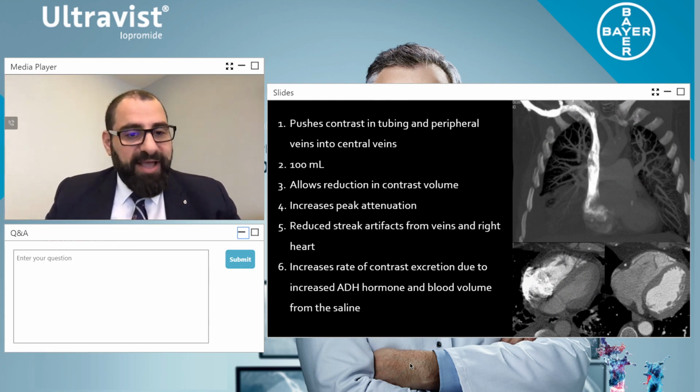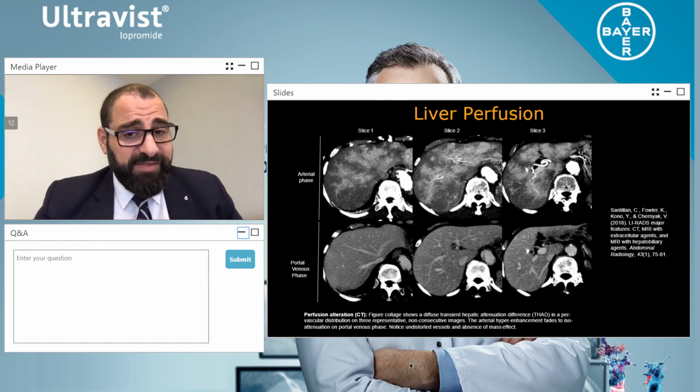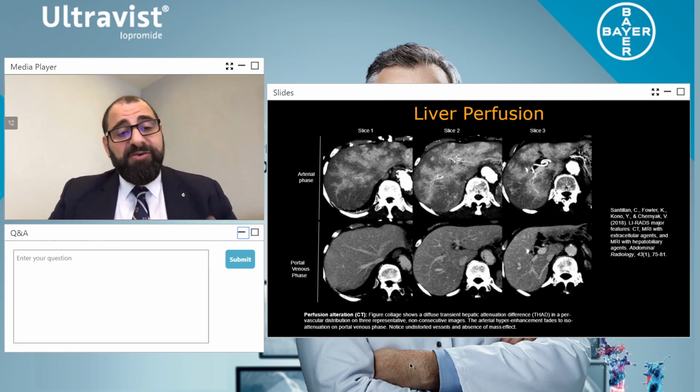So let's have a look at now, when we look at issues between UltraVis, which is a monomer, and a dimer. In this patient here, we get liver perfusion deficits. What happens is, because of the blood lipid levels, or also because of if we didn't use saline, or the viscosity of contrast.